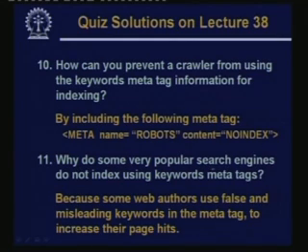Why do some very popular search engines not index using keywords meta tags? Because, as I mentioned, there are many web authors who use false and misleading keywords in the meta tags for the sole purpose of increasing their page hits. There are many websites with a lot of advertisements, and they gain revenue by the number of hits, the number of people that visit their websites.